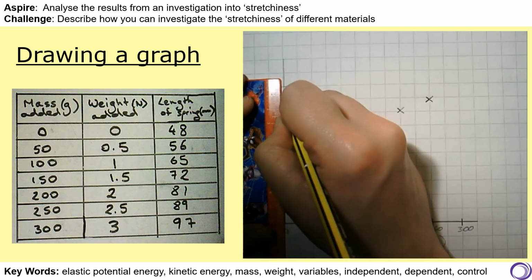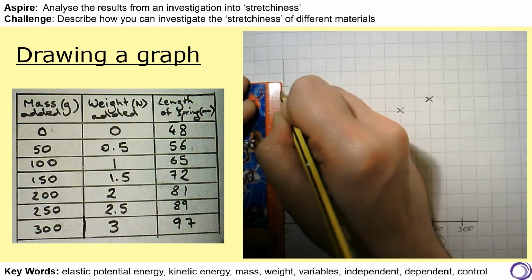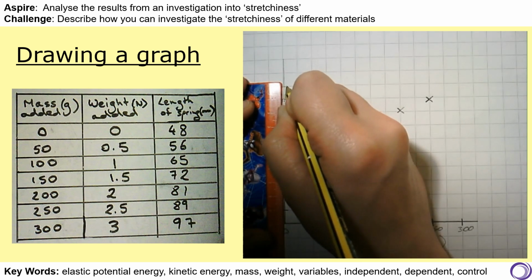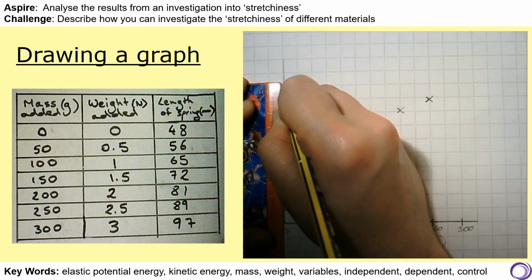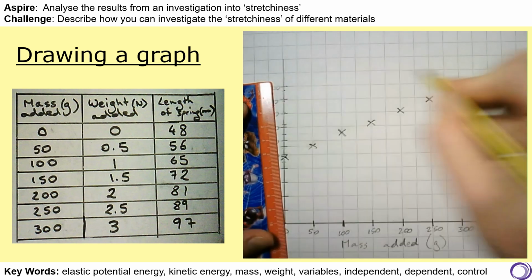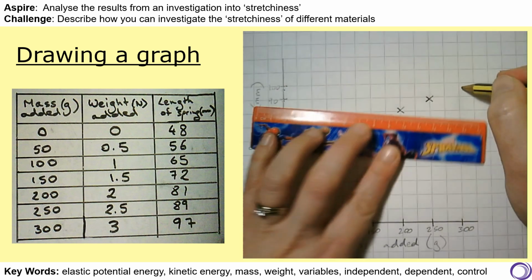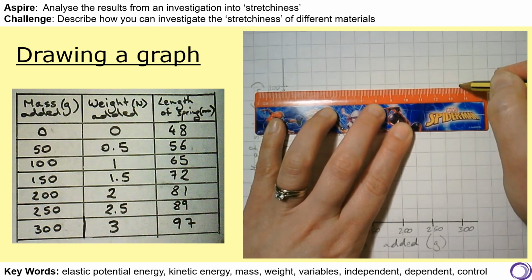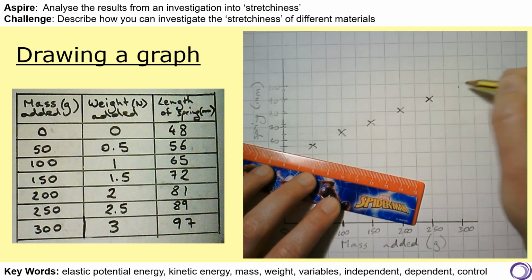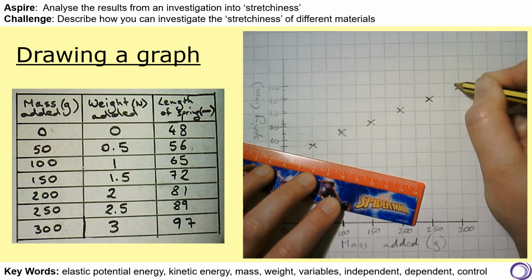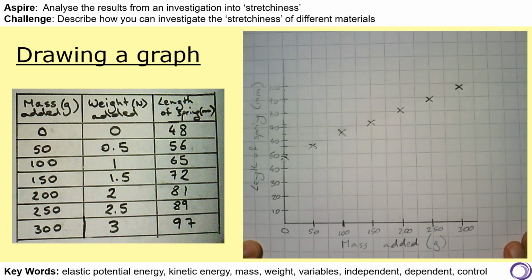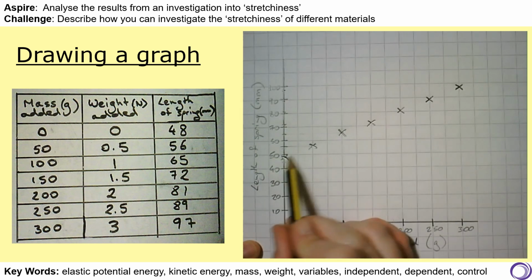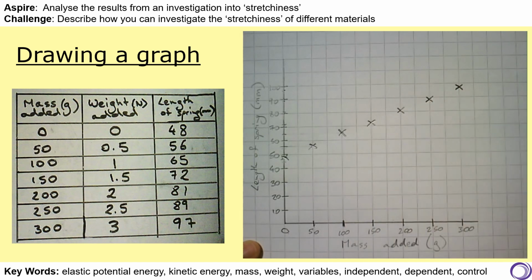So 97 is here. So you do it nice and carefully. 300 grams added, be that line. So it was there. Okay. So you should have a graph that looks similar. So we've got these 1, 2, 3, 4, 5, 6, 7 points plotted.